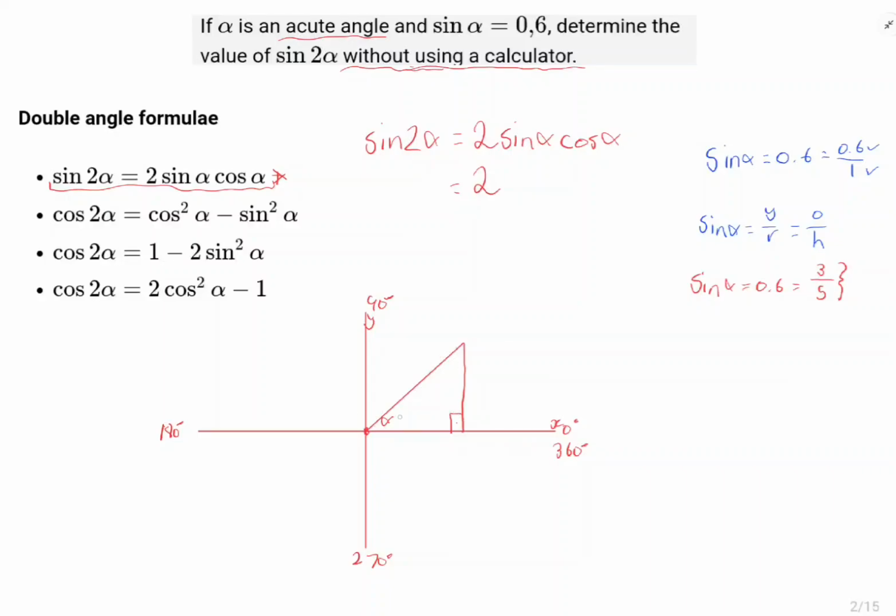Typically, when you deal with triangles, you don't want to involve decimals, you know. Yes, you want to be working with whole integers. But I mean, if push comes to shove, you can use 0.6 divided by 1. I don't think you will be wrong.